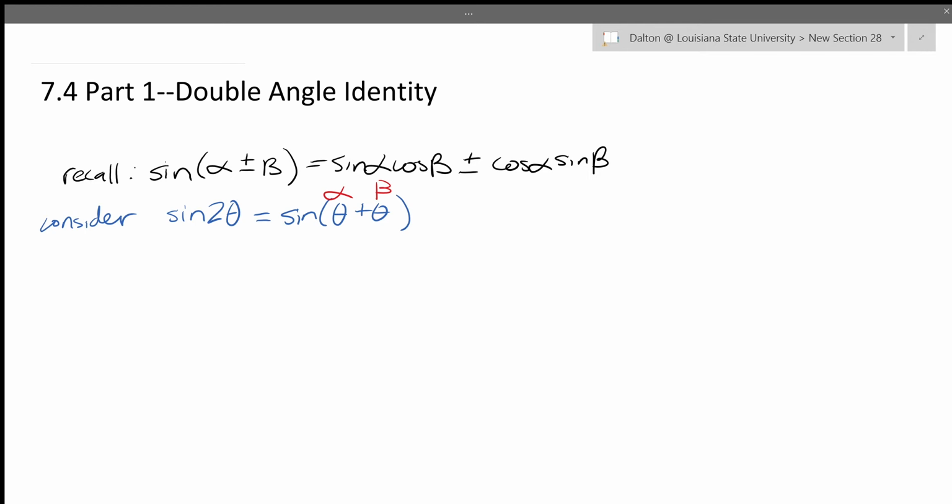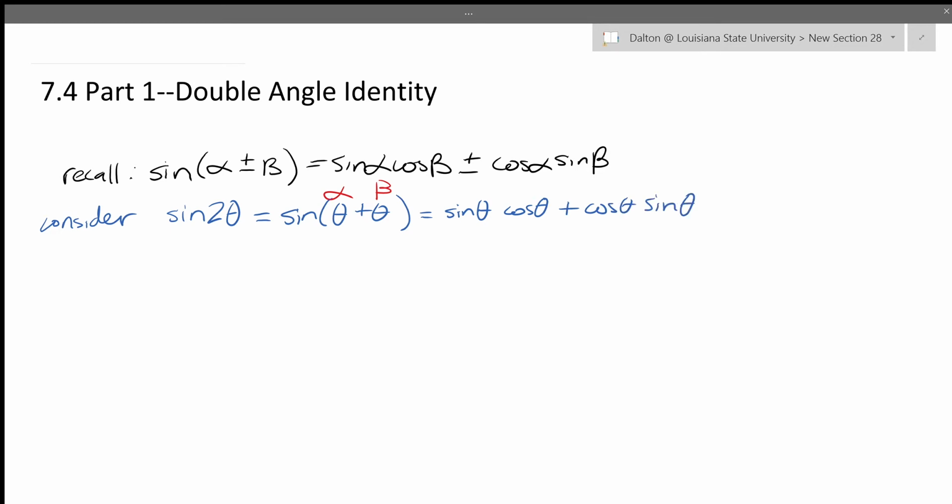I'm going to plug in theta everywhere I see alpha and beta in this identity. So the sine of theta plus theta is equal to the sine of theta cosine of theta plus cosine of theta sine theta.